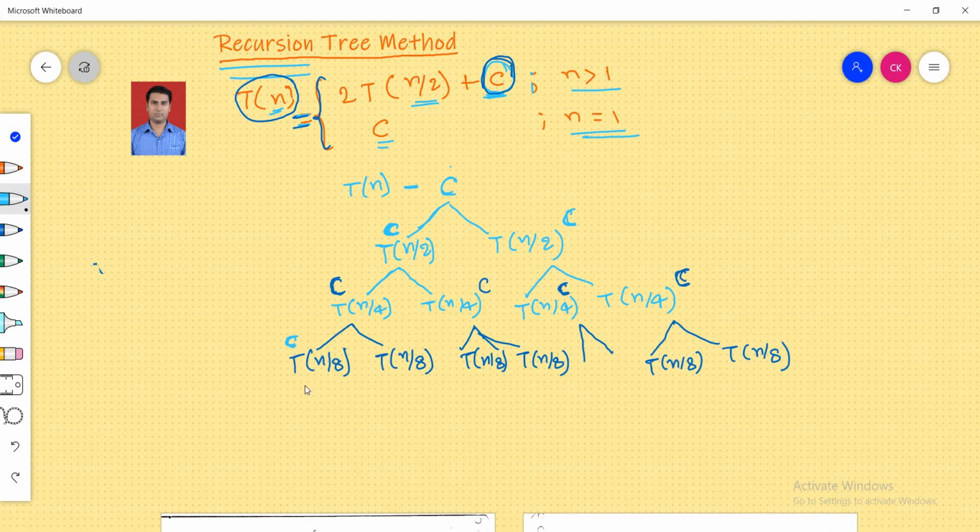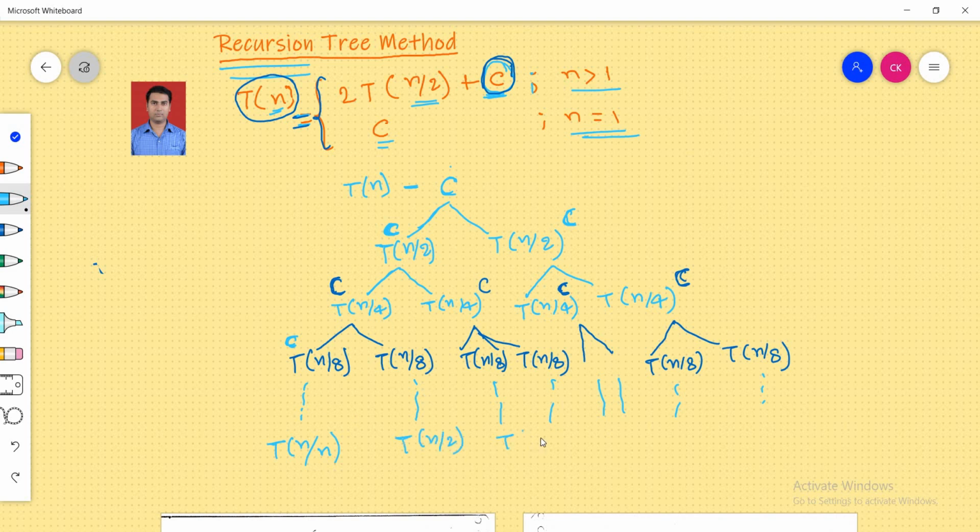if you do c amount of work, then this will continue and keep on, and all these nodes at some point of time will be terminated. Now listen, this is n by 2, this is n by 4, this is n by 8. At some point in time, all nodes will terminate at T of n by n. Yes or no?